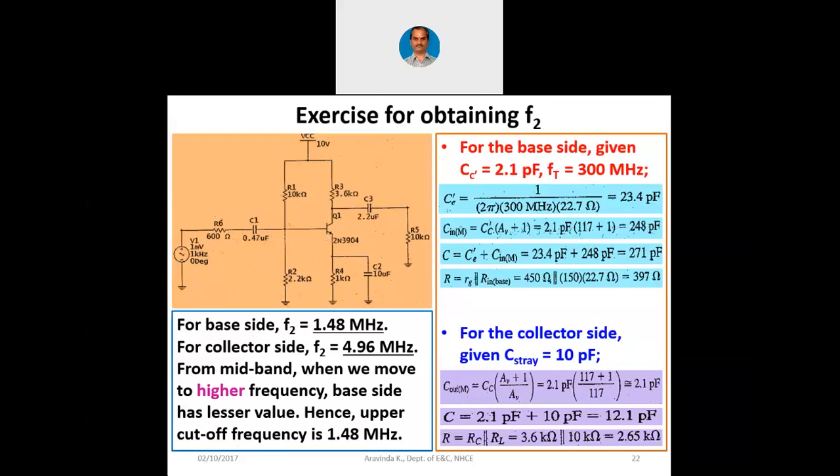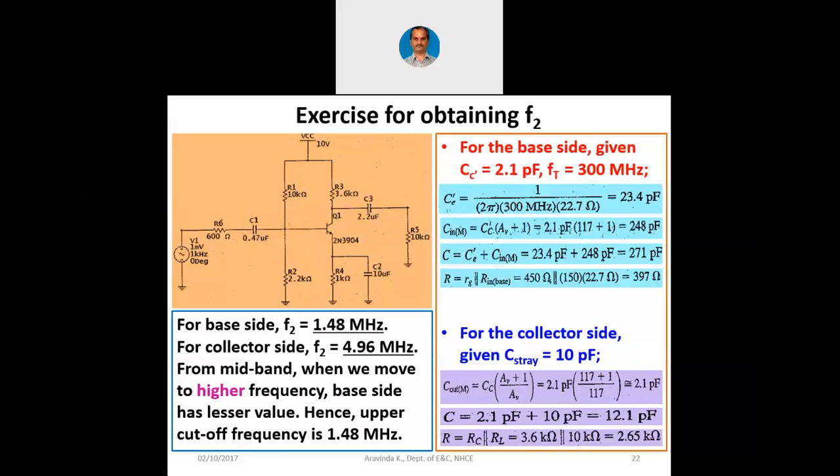That's why I have been telling you that when we design amplifiers, we should design them specifically for an application. In such a case, the design becomes very critical, and we have to consider each and every component, whether it is an external component or an internal parasitic component, so as to obtain the upper cutoff frequency.